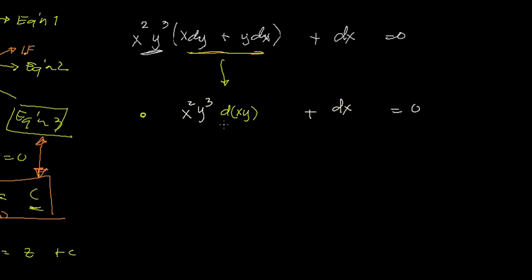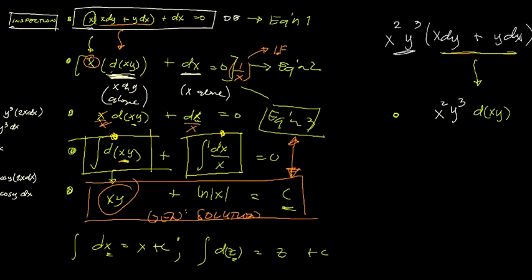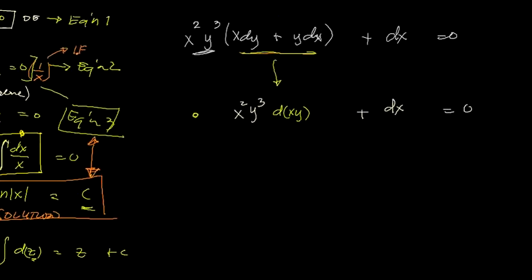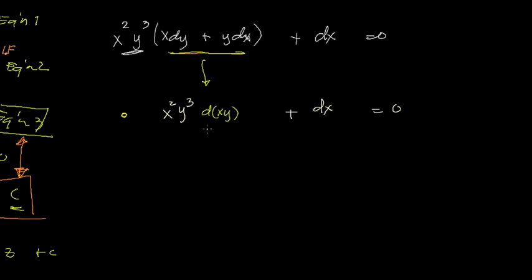How can we modify this in order to later do the integral part by part? How can we modify this new equation? Say this is our equation 1, and this new equation is our equation 2.